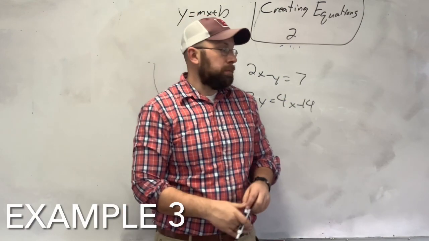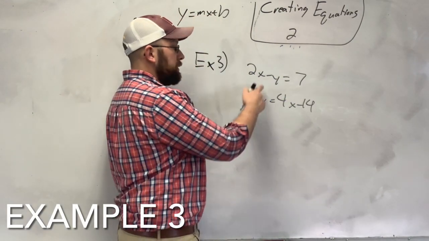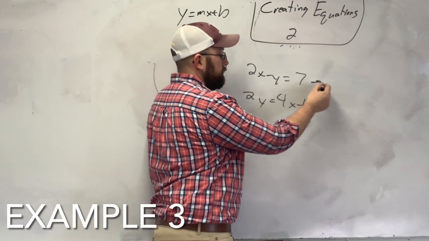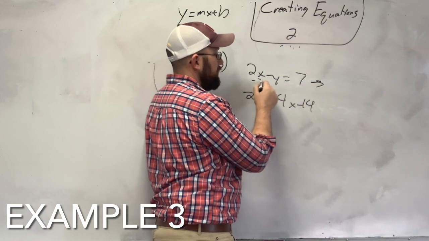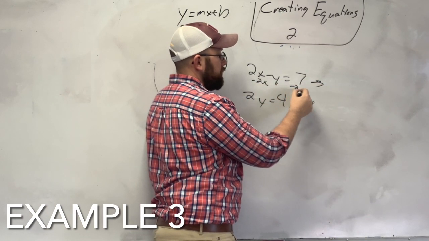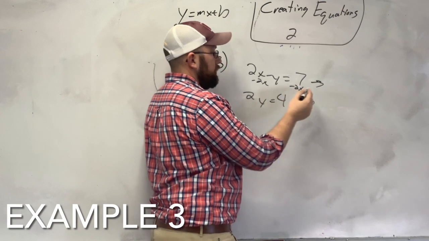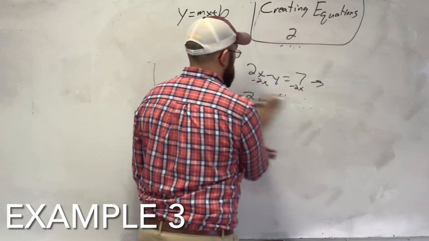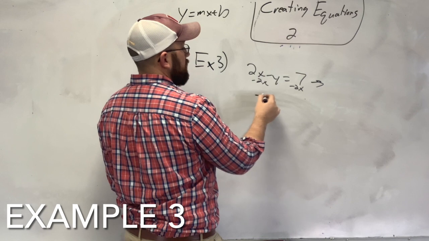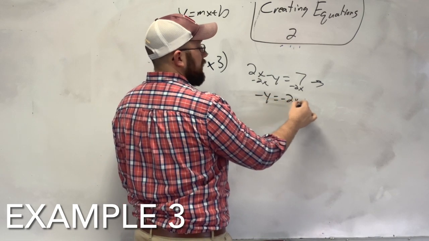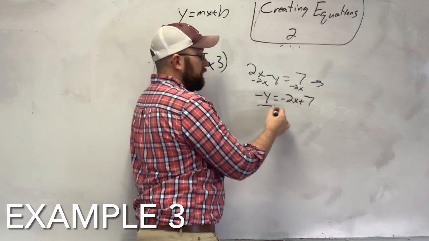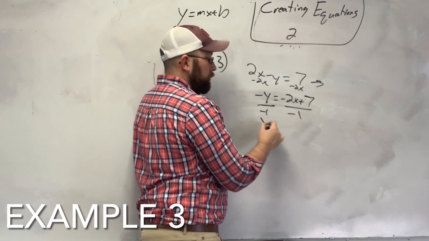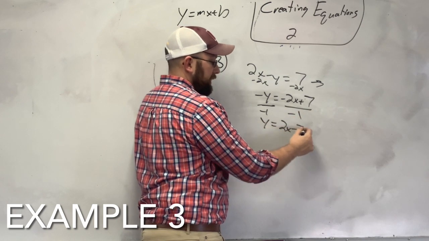All right, example number 3. Got to put them in slope-intercept form. So minus 2x, minus 2x. I get negative y equals negative 2x plus 7. Divide by negative 1, divide by negative 1. Y equals 2x minus 7.